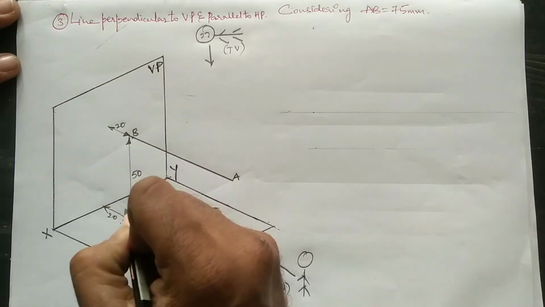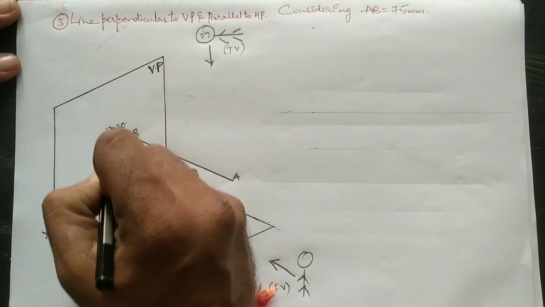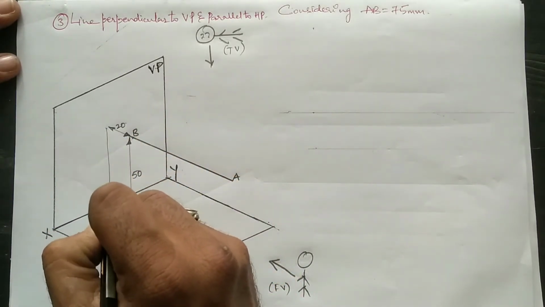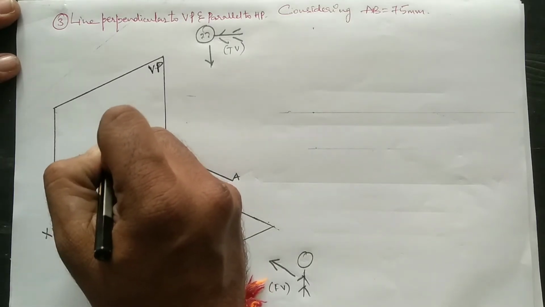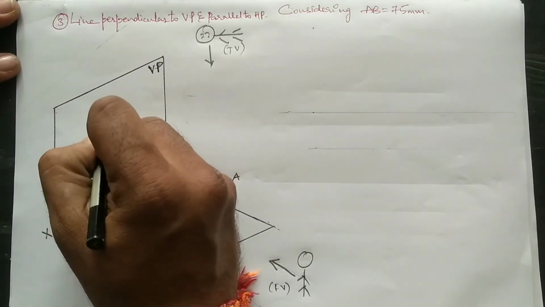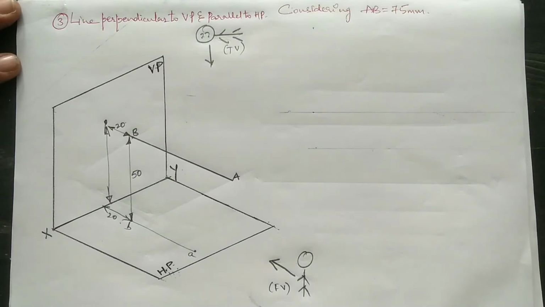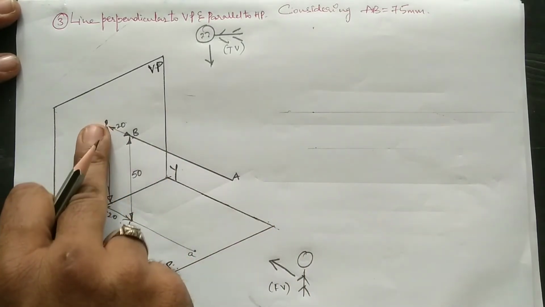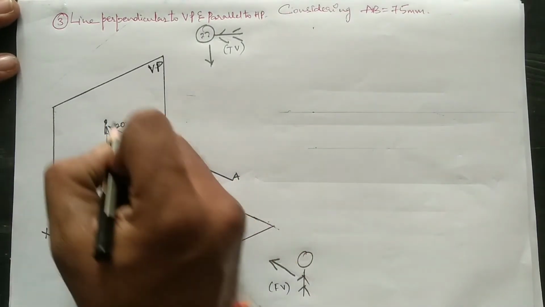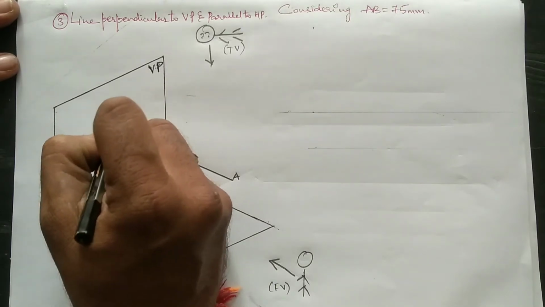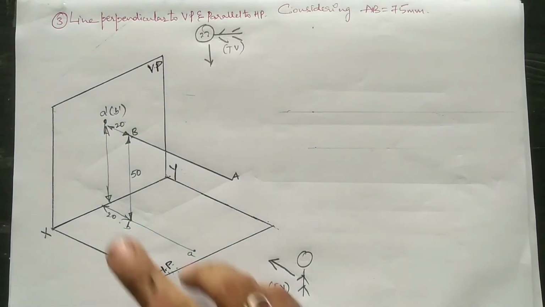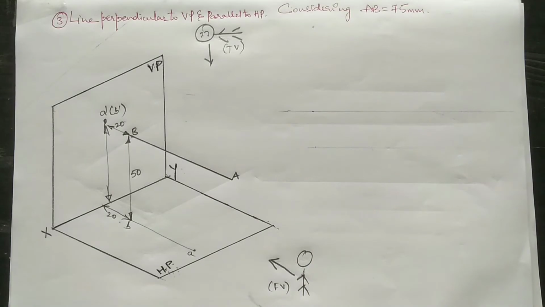Similarly, at a height of 50 mm, we get the point as a dot. We get the line in the form of a dot presentation, where point A dash is visible and B dash is not visible. These projections are to be drawn in two-dimensional form.